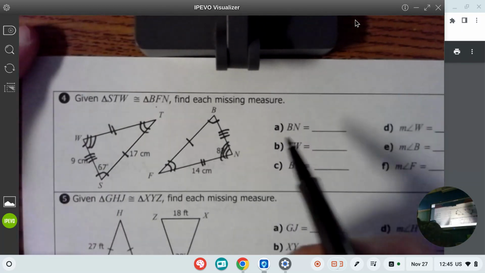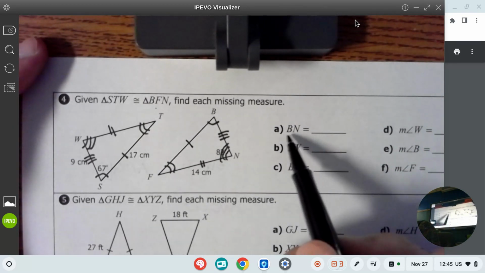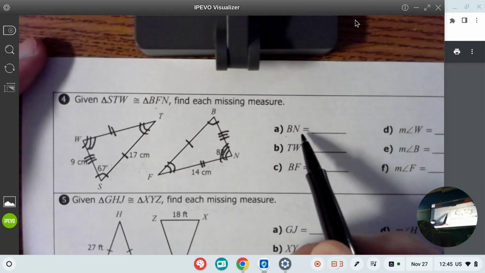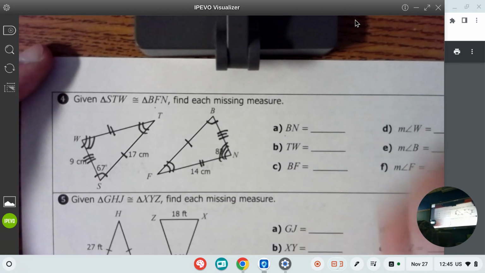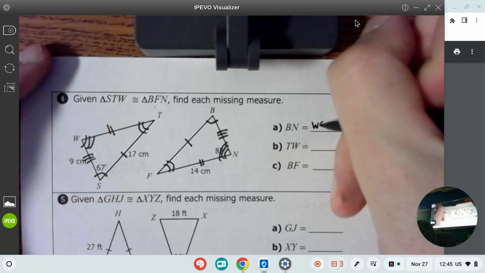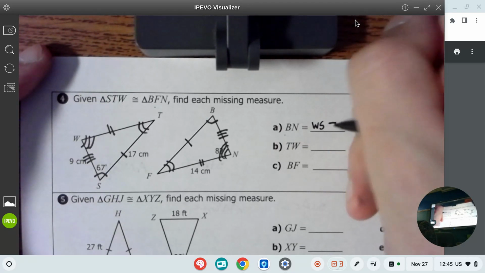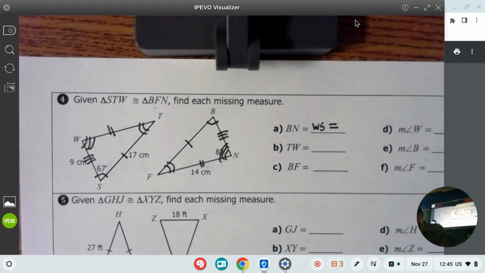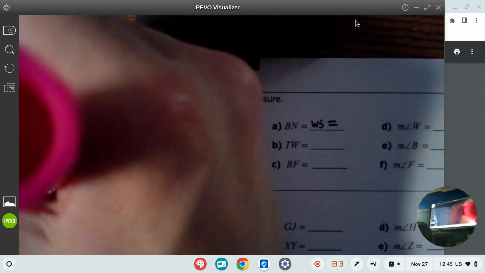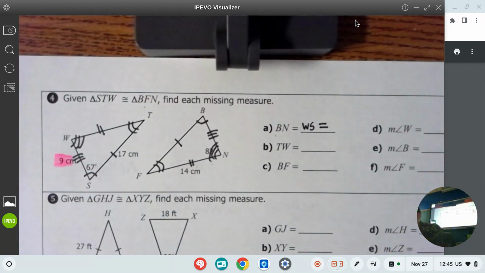So, figuring out the rest of these, it says BN. BN is our triple. Now, BN is going to be the same as WS, which is equal to, now we've introduced actual numbers.